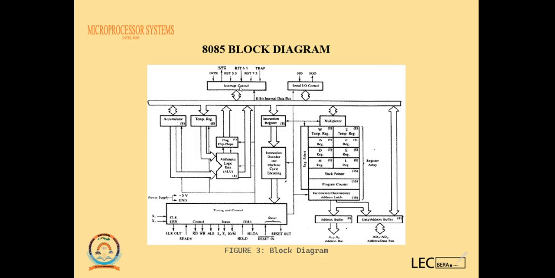We have interrupt control, serial input output control, instruction registers, general purpose registers, special registers like stack pointer, program counter, the accumulator, which is another type of register, the arithmetic logic unit, the timing and control block, and the address buffer and data address buffer.